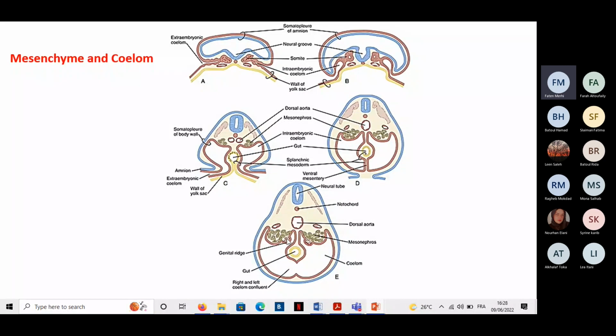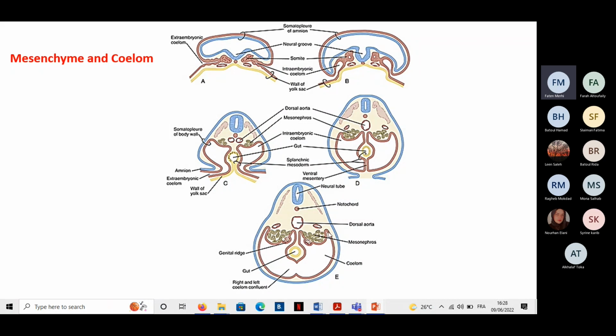And look here, we said that we have a coelom. The lining of this coelom is composed of an epithelium. As you know, epithelial tissue lines the cavities. So this is a cavity lined by an epithelium. This is a coelom lined by an epithelium, so we call it the coelomic epithelium.